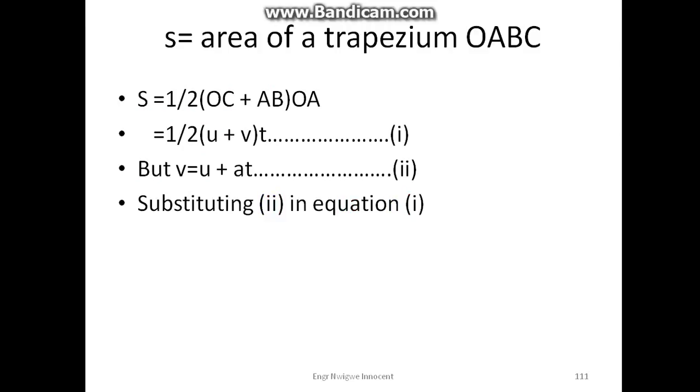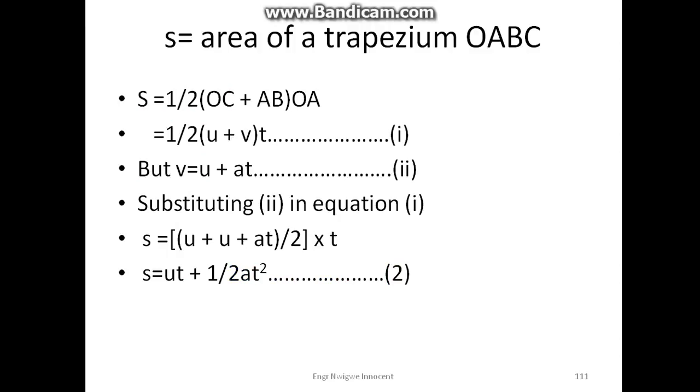Substituting II into equation I, we have that the distance is now equal to u plus u plus at, all over 2 times t. Then the distance s is now equal to ut plus half at squared. This is now our equation 2.